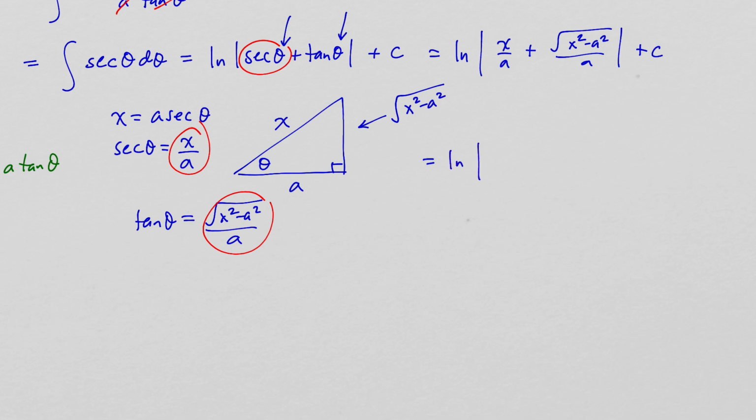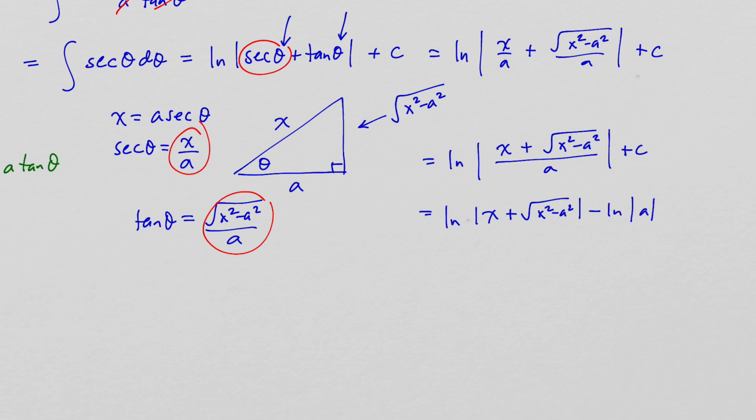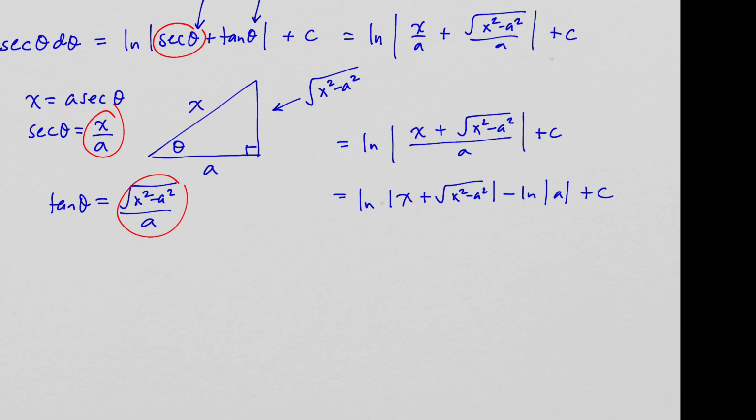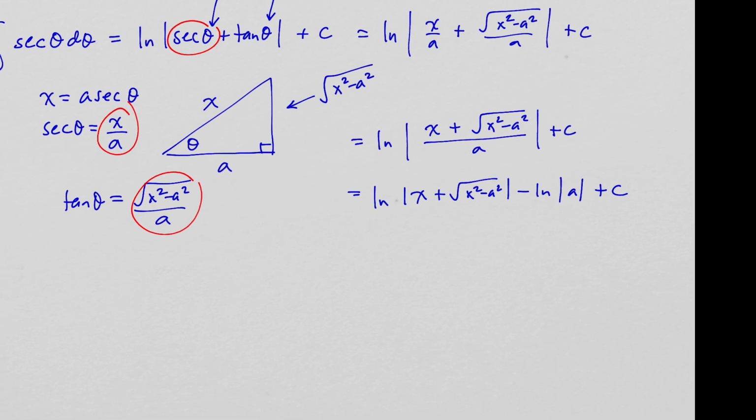We have the natural log of the absolute value of x plus the square root of x squared minus a squared all over a. And then we can use properties of logarithms to write this as the natural log of the absolute value of the top minus the natural log of the absolute value of the bottom. But if a is a constant, the natural log of a is a constant, and plus c is a constant.